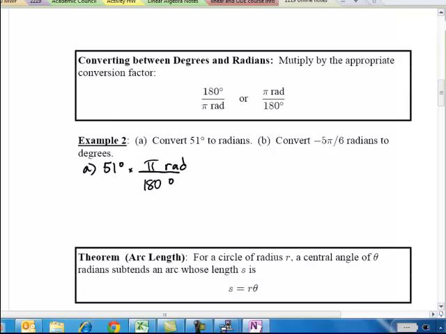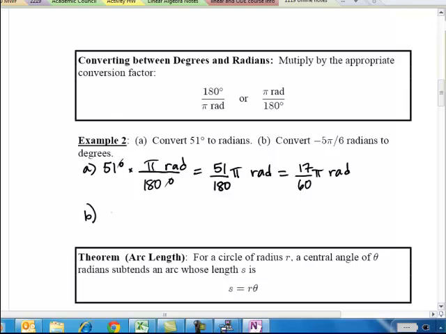So the degrees are going to cancel. So we have 51 over 180 pi radians. We can reduce that. 51 and 180 are both divisible by 3. 51 divided by 3 is 17. And 180 divided by 3 is 60. So the best form of that answer would be 17 pi over 60 radians.